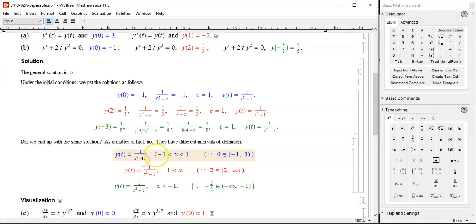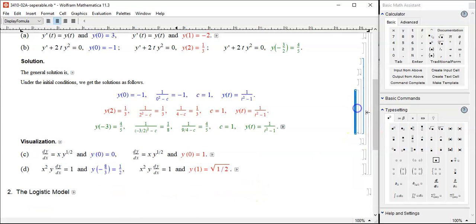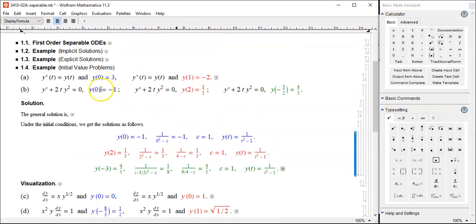Correct function, but we'll need to specify the interval of definition. Correct function, but you need to specify the interval of definition. Same here again, same function, but different interval of definition. And they come eventually from the initial conditions.